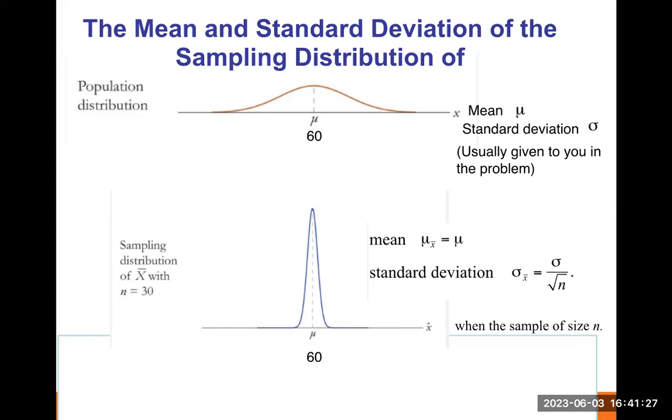So you can notice the differences between what the original population looks like and what, on the bottom, the corresponding sampling distribution would look like if you had a sample size of 30. If you had a smaller sample size, then it would be a little thicker and it wouldn't be quite as tall, but it would be thicker. So it's somewhere in between these two pictures.